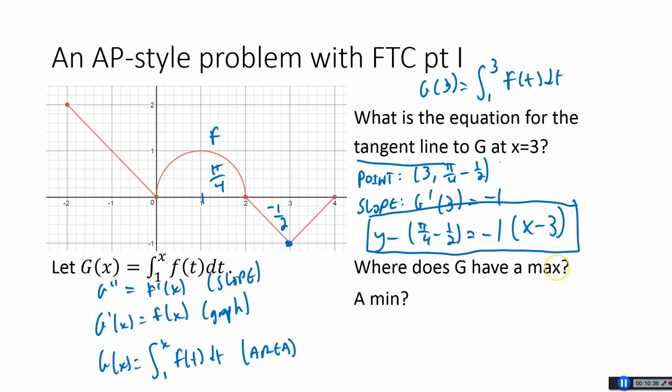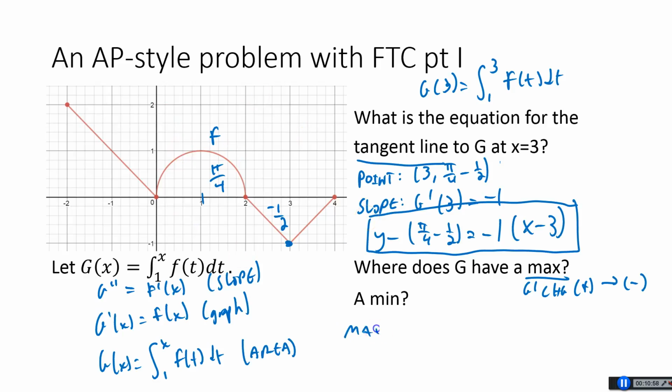Now we ask where g has a maximum or a minimum. Well, a maximum is going to happen when the first derivative changes from positive to negative. So we're looking for g prime to change positive to negative. Well, g prime is f. So I'm looking at the derivative. I want it to change from positive, which would be above the graph, to negative, which is below the graph.